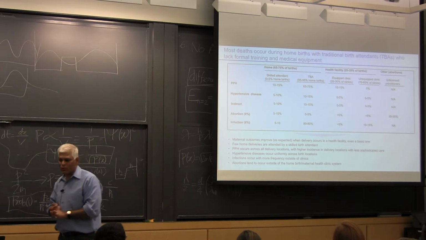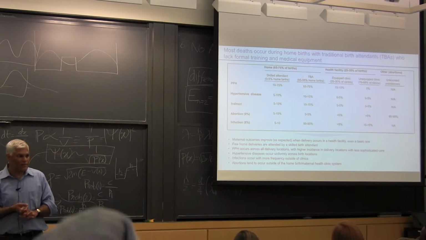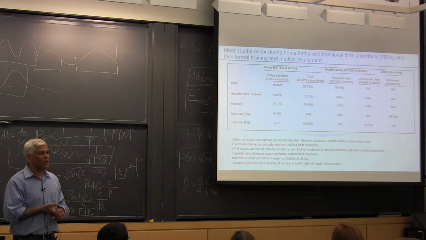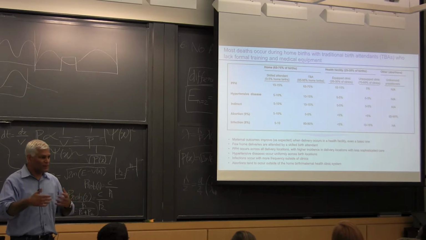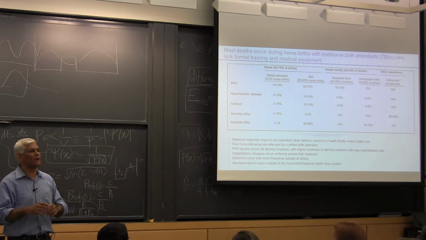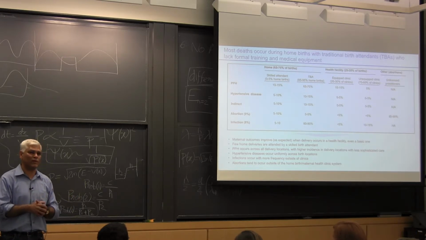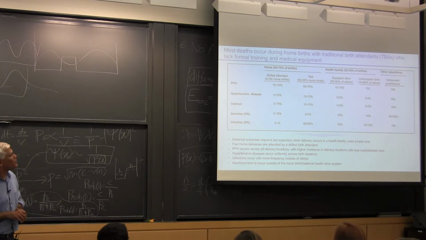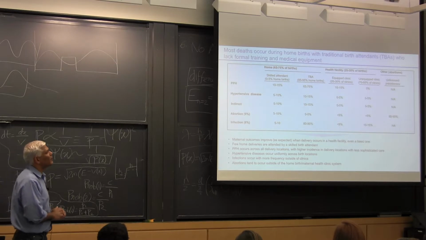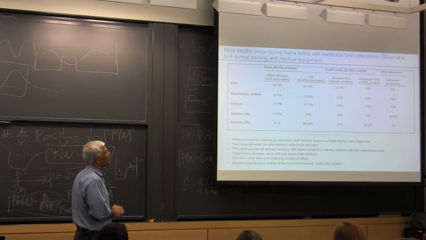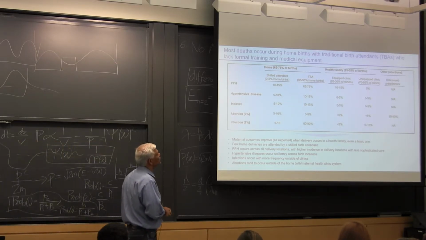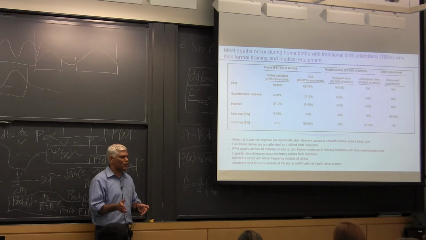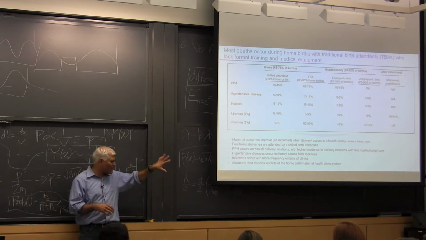Health facility also defined along particular parameters. A mere building called a clinic doesn't mean that it's an adequate place for people to give birth, right? And so is it equipped, is it not equipped?